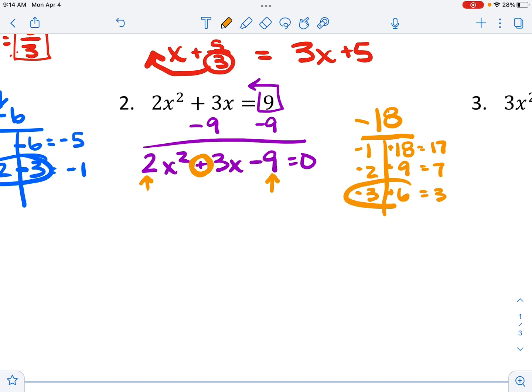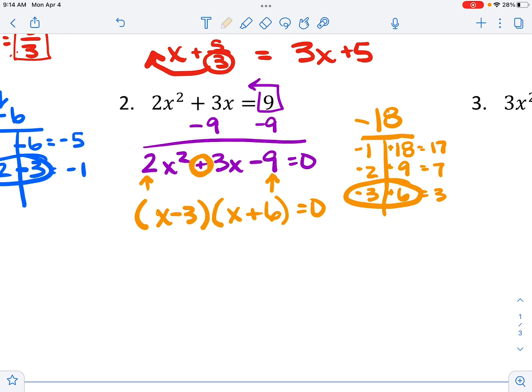So our magic pair is negative 3 and a positive 6. So we have x minus 3 and x plus 6. So we have borrowed from the a, given it to the c, factored. We found our magic pair.